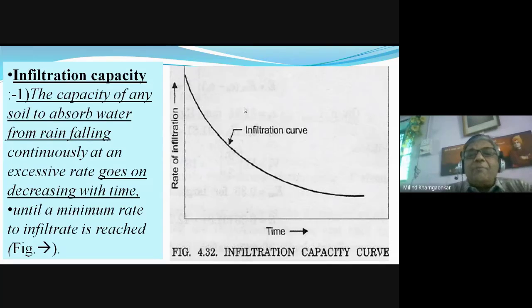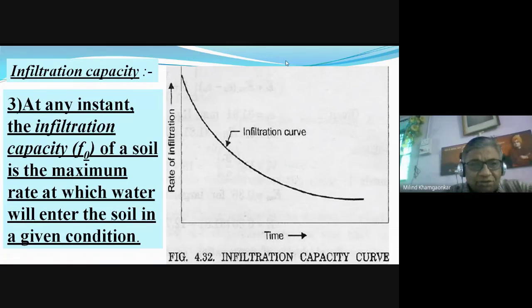The maximum rate at which this infiltration occurs is called the infiltration capacity of the soil. As you can see, initially, as the soil is dry, the infiltration rate is more. So initially the maximum rate is called the infiltration capacity. That is the maximum rate at which the water will enter the soil in a given condition.